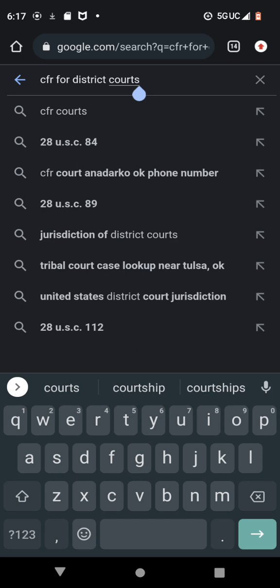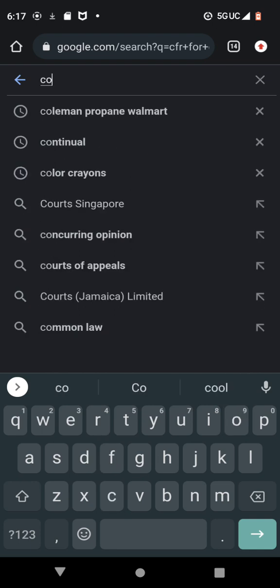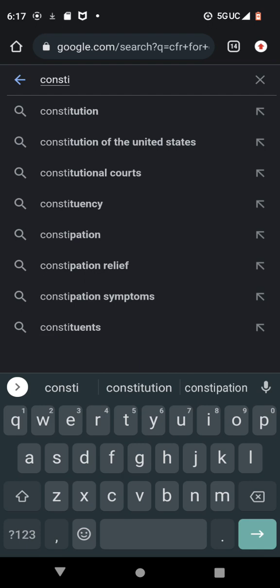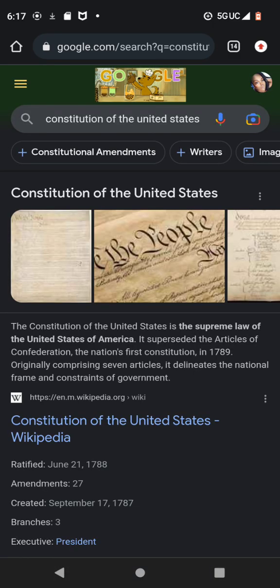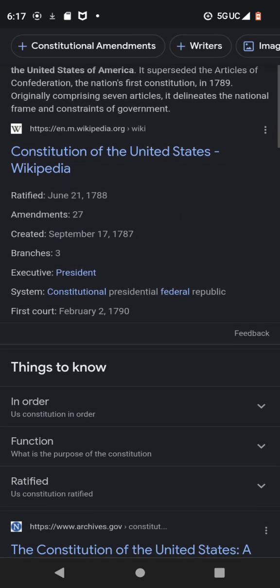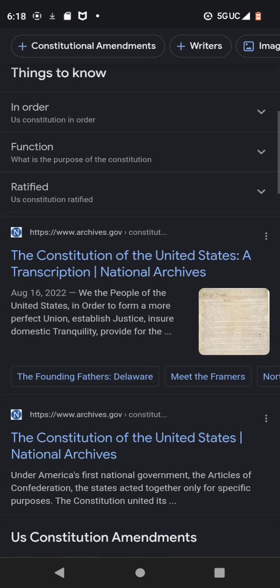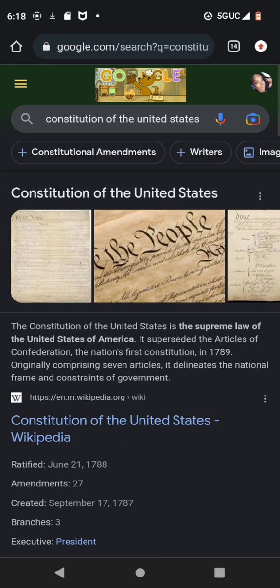Another important thing that you need to find is going to be your Constitution. Now every state has a constitution, so you can look up the constitution for your state, or you can look up the US Constitution. Now, let me give y'all a little game.